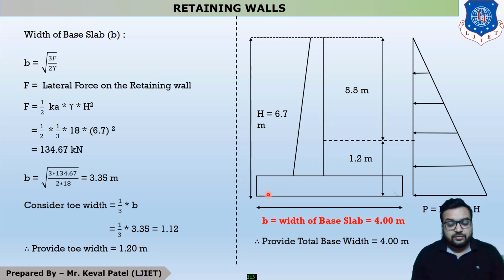If we have this value as 4 meter, then once we get the width of toe slab and the width of stem at bottom, we will get our answer for the width of heel slab, which is total width minus these. Okay, so in the next lecture we are discussing the thickness of base slab, the width of stem at bottom, and the width of heel slab.